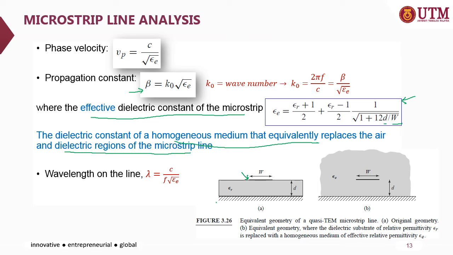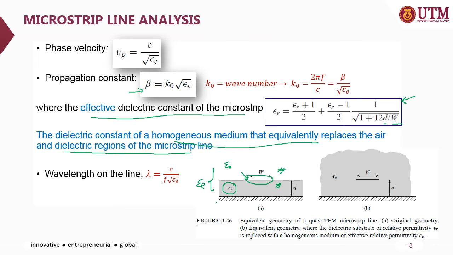Since the microstrip line is exposed to two different properties, the first one is the air and the second is the dielectric material. That's why you have the relative permittivity for the substrate or dielectric material, and another one, epsilon naught, for the air. So from here you calculate epsilon e, the effective permittivity, for where the microstrip line is placed.